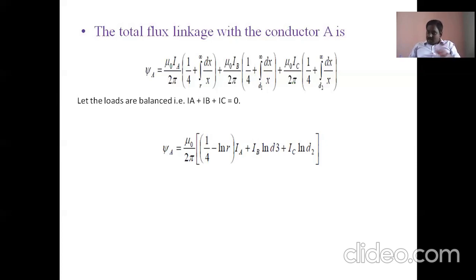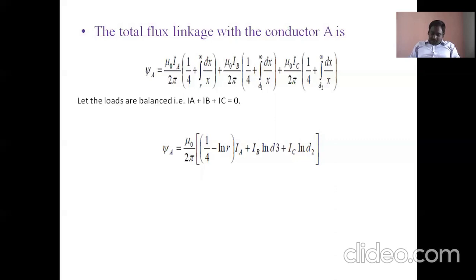Actually d1 is there, not d3. So then plus mu naught Ic by 2 pi [1 by 4 plus natural logarithm of infinity, which is 0, that's why minus natural logarithm of d2].